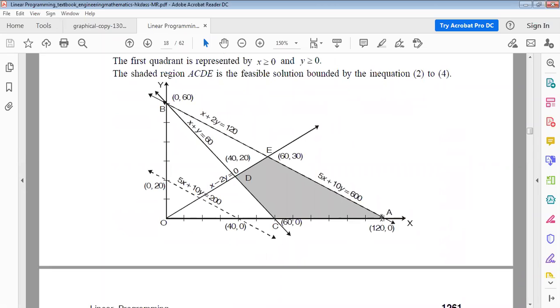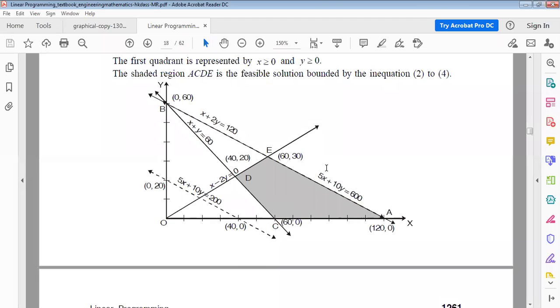This is the first inequality, less than or equal to, directed toward the origin. Another will be CD, the second inequality, and the third inequality EF. The first quadrant will give the feasible region.